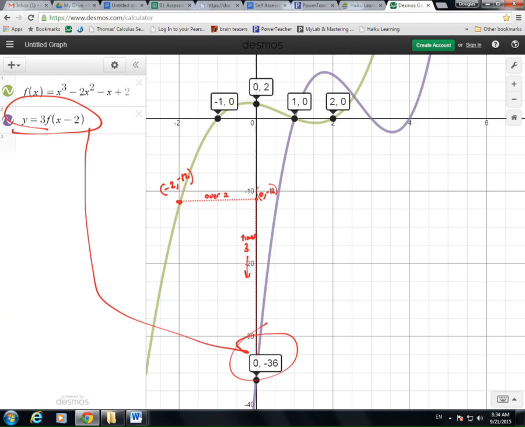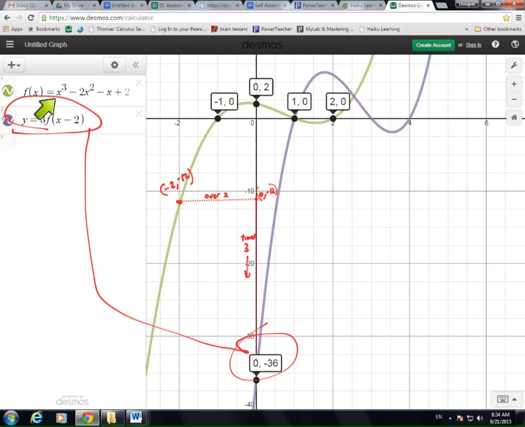Again, none of this is complete without a look at the old Desmos. Notice, by the way, what I entered. I entered the cubic function that I found in part A, and then all I had to do, using f of x notation, is write a new equation y equals 3 f of x minus 2.